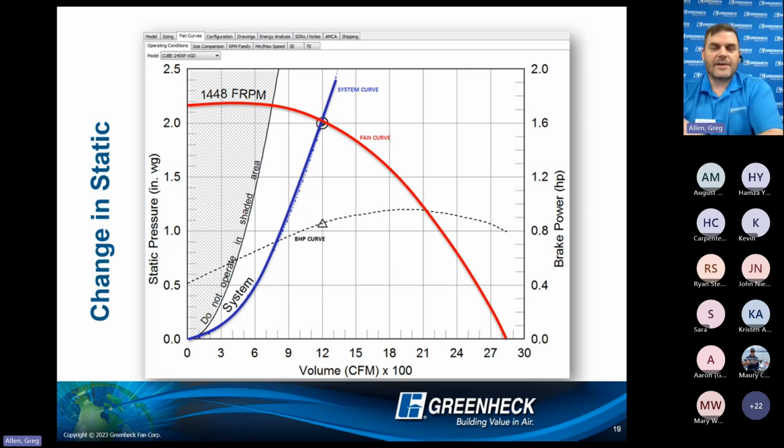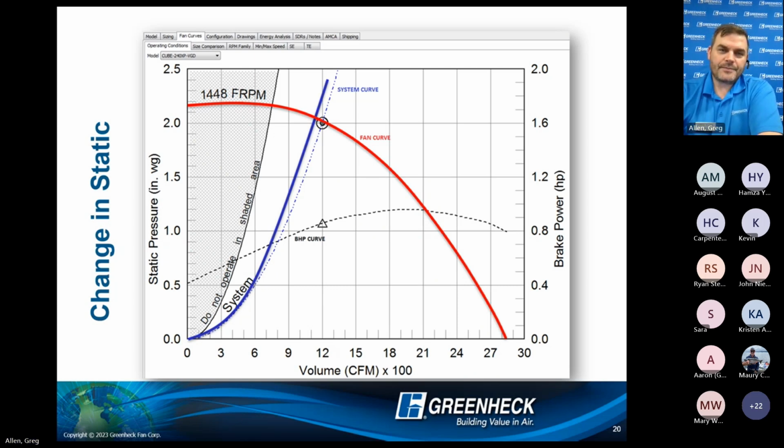So if I were to look at a fan curve, and this is where some of the life comes in, if I add static pressure, I change the system, and that curve starts arcing up. Right? Notice I'm hitting at a new point. This means that because of the extra static pressure, my CFM is going to change. And in this scenario, more static pressure, I'm going to have less flow.